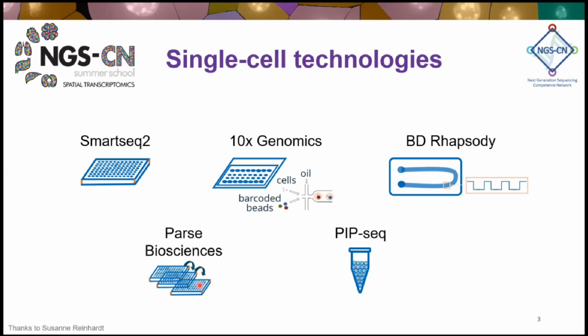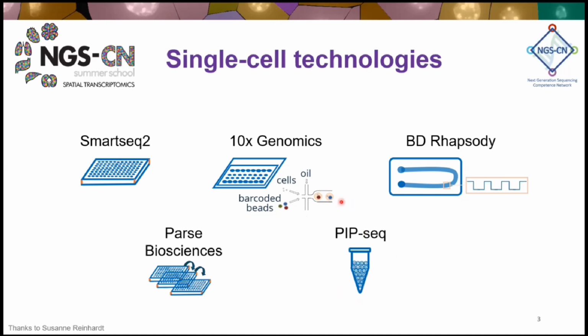So that in the end, you will have tagged each cell with a unique combination of 3 barcodes. This makes the method very scalable, so you can do small amounts of cells, but you can also go up to 1 million or more cells, which is quite impressive.